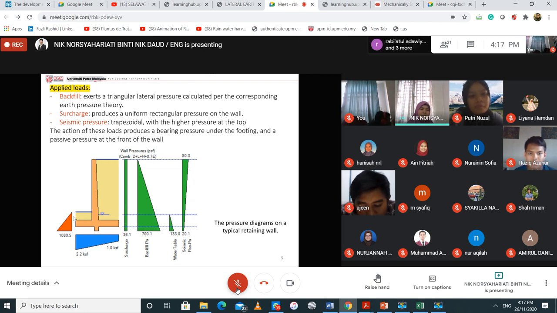So you need to either enlarge your base to recalculate the passive force, or include a shear key at the bottom.